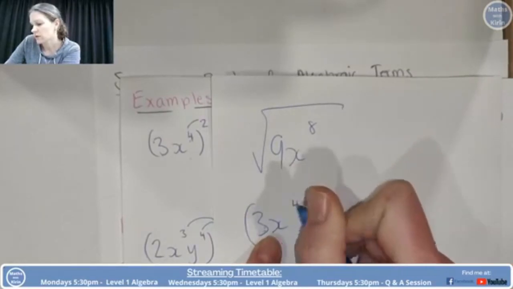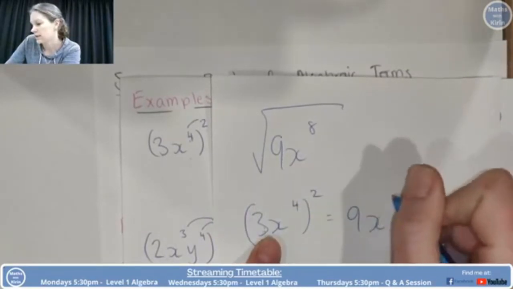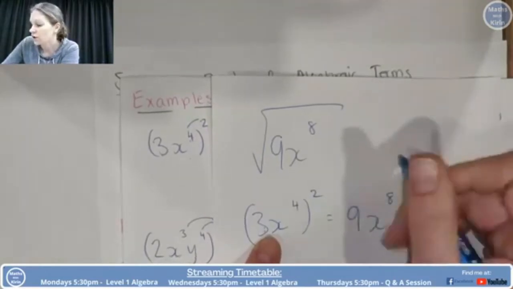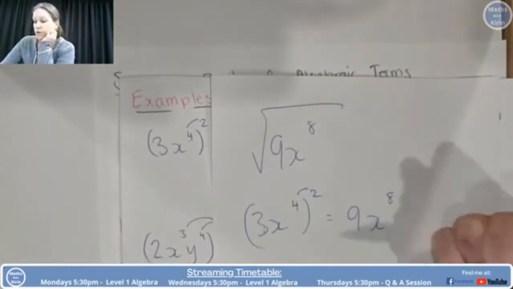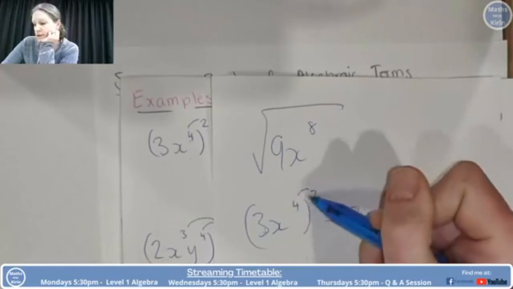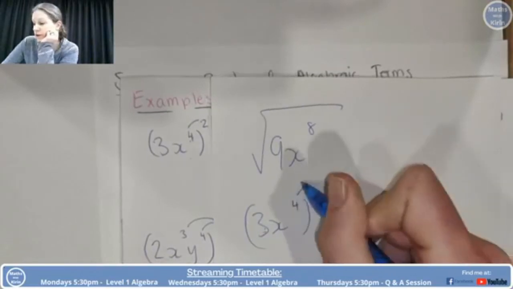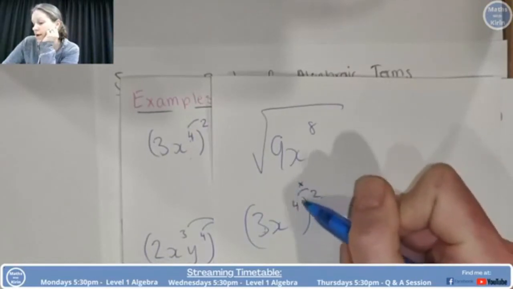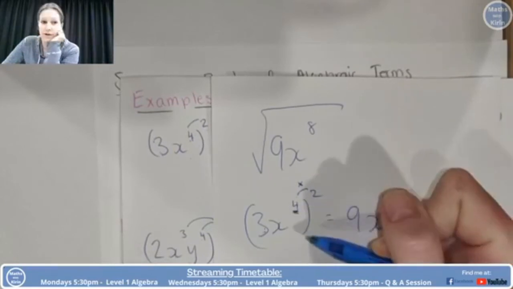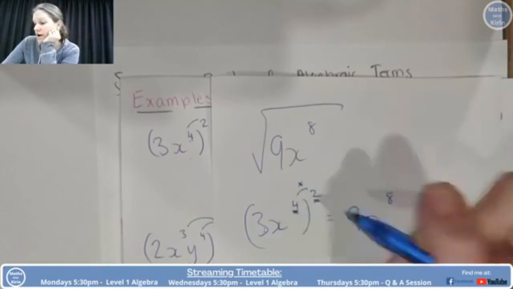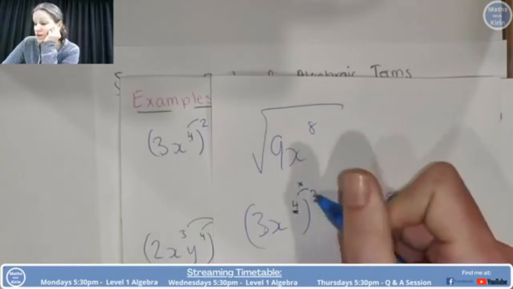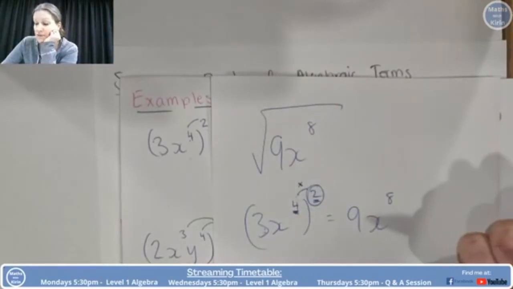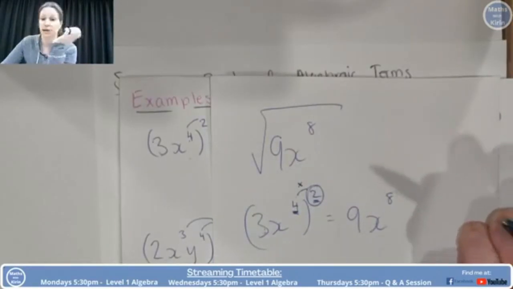X to the power of 4 times x to the power of 4 is x to the power of 8. So because square root is the opposite of taking a square of something, because we end up multiplying the power of our variable by the power outside the bracket, to undo that, we need to divide by the same number. So we divide by 2, the same thing as halving.